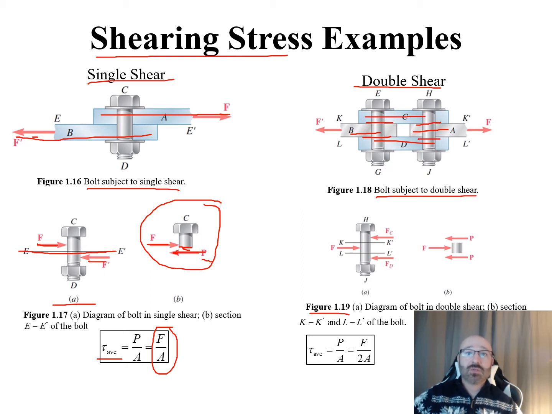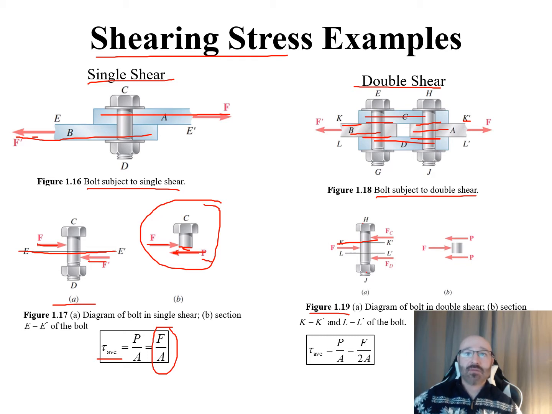Then what we do is we take a look down here. You can see, okay, here's our bolt from H to J. We have our KK section where we come across, K and K prime, with the surface of that. And we have our L and L prime for our LL prime section. So we can see we have our F sub C coming in, F sub D coming in, and our F coming in right here.